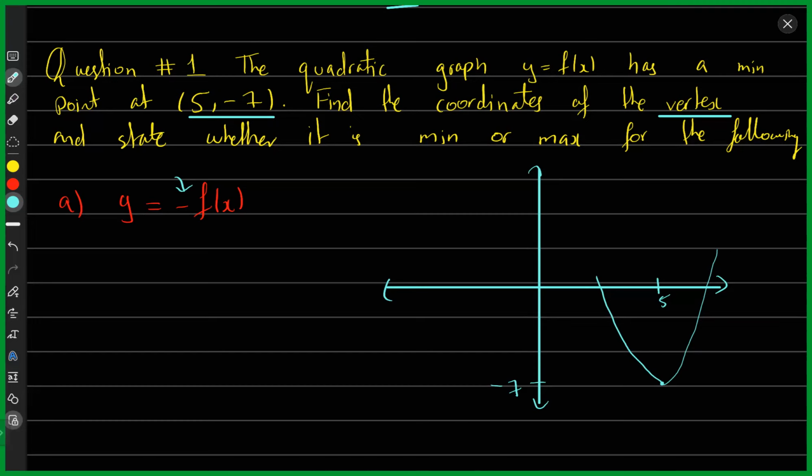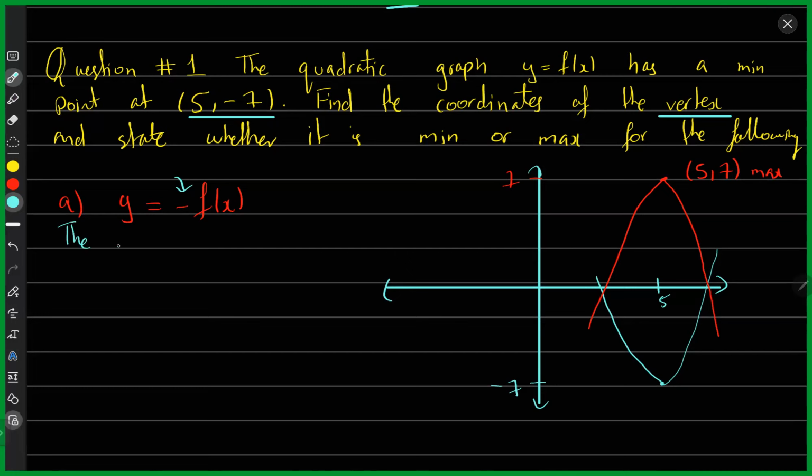Now I am going to reflect this in the x-axis. So if it was 5 and minus 7, it would become 5 and positive 7. And this is going to be the point. And this would be the graph. So again, we can see it is 5 and positive 7 and it is a maximum point. So if I talk about the solution, I'll write it down this way.